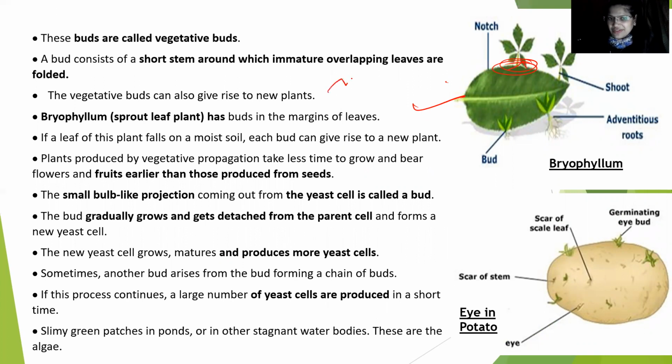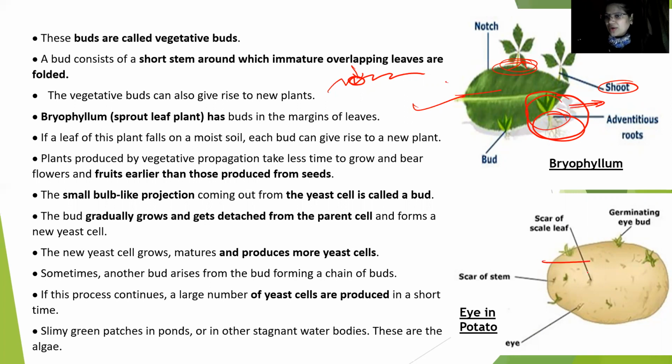You can see the leaf has this kind of structure. This axial part is called the notches. From here, the leaf develops a shoot and roots. After some time, these little plants grow into new individuals, helping in producing new plants.